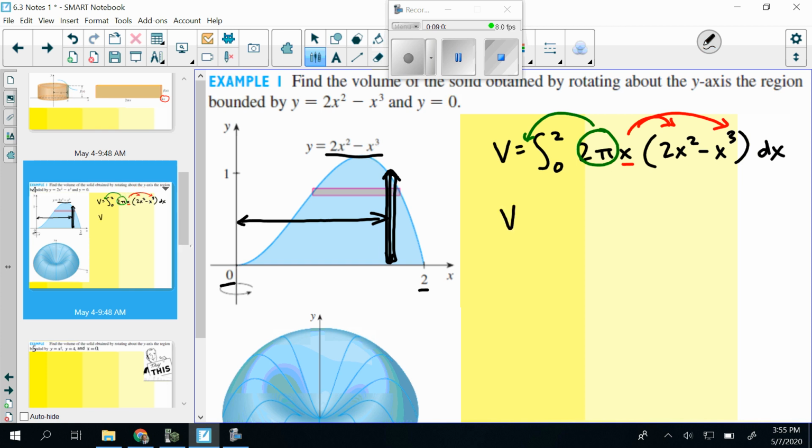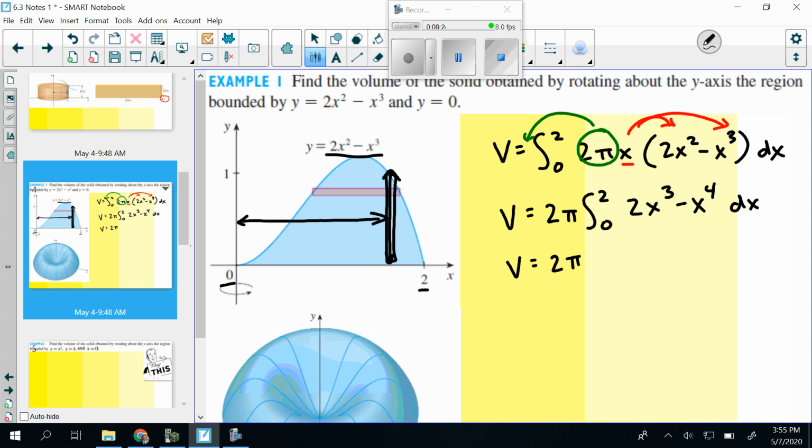We're going to take out that 2 pi until we multiply back later. If we distribute that x, what we're going to be integrating then is 2x cubed minus x to the 4th dx.